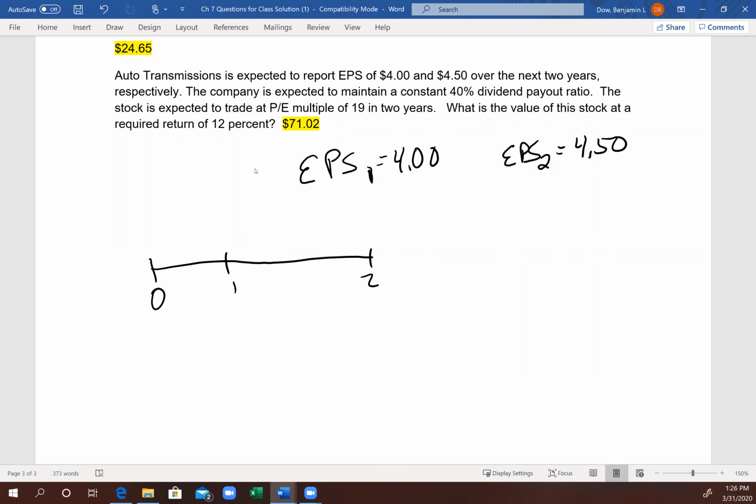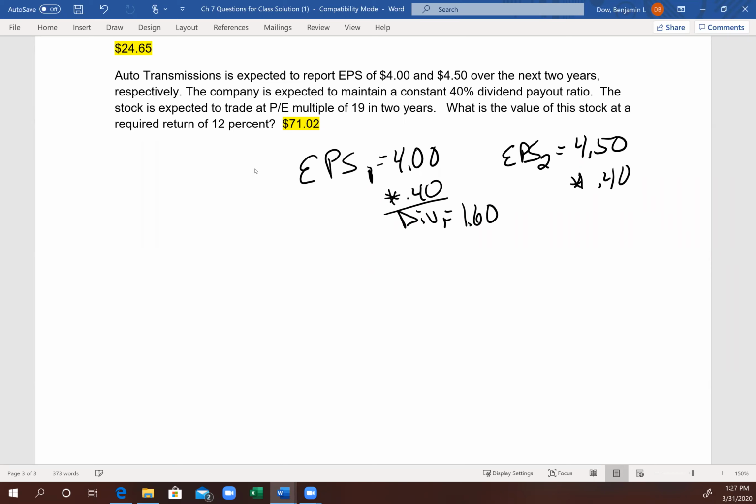So if they pay 40% of earnings in year one as a dividend, then the dividend in year one is going to be $1.60. And if they pay 40% of the earnings in year two, I think it's $1.80, but let me see. The dividend in year two is expected to be $1.80.